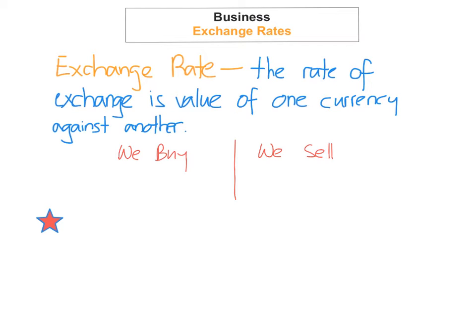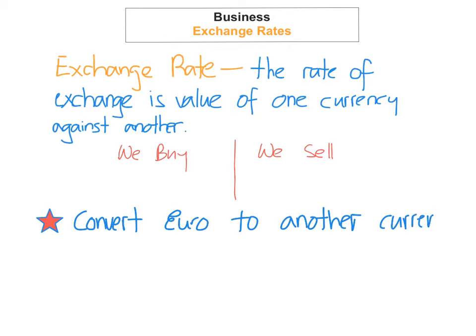So, if you're going to convert euro to another currency, say you have €1,000 and you want to find out how much you will get in sterling for that amount of euro, or how much you would get in US dollars, what you do is you multiply. This is the important part to know.